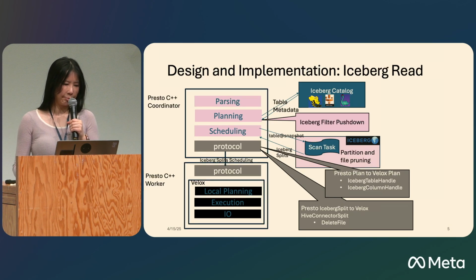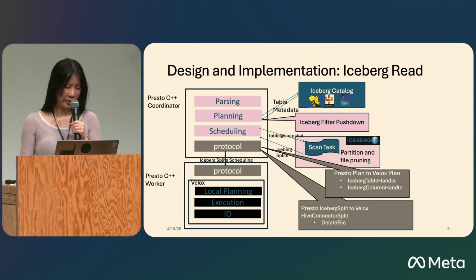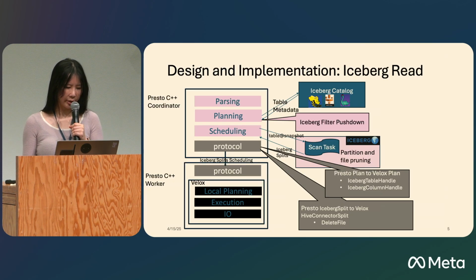When a query comes in, the parsing, planning, and scheduling are done in the coordinators. In the planning phase, we send a request to the Iceberg catalogs to get the table metadata. And then during planning, we added a special rule that pushes down the filter to Iceberg tables.